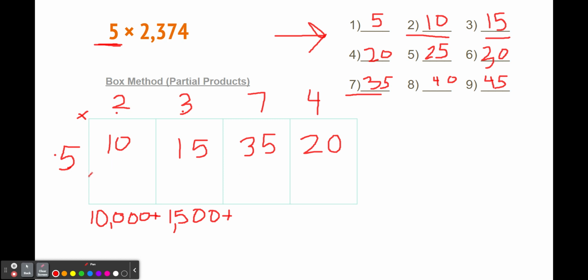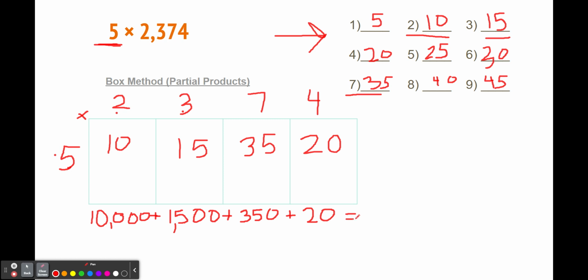Now I have 5 times 7 tens, which is 35 tens, or 350. And then I have 5 times 4 ones, which gives me 20 ones. Now I can go ahead and add all of these together.